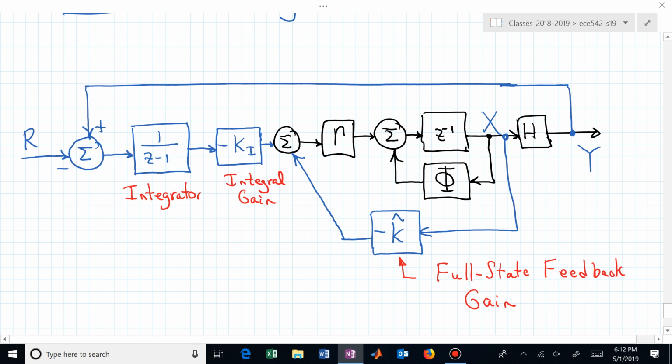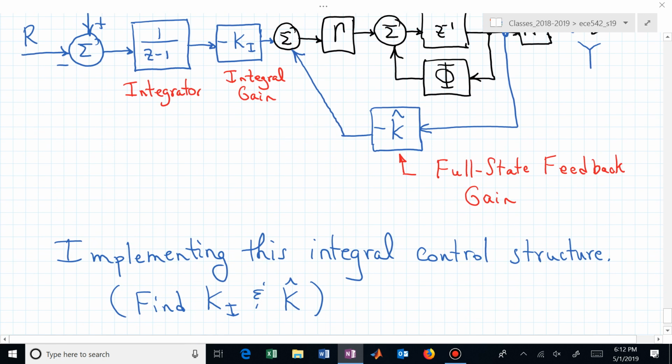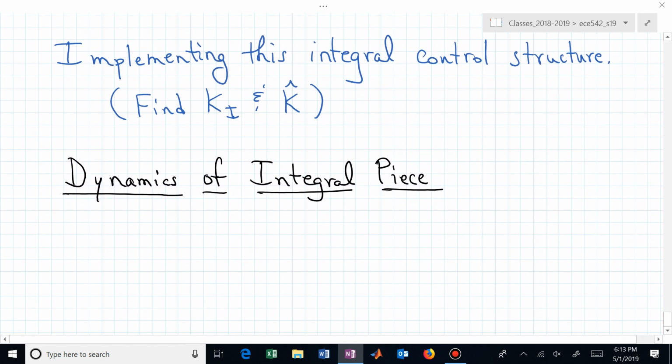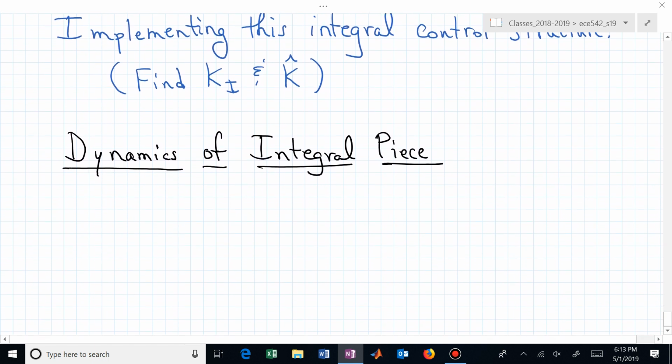What we want to do is try to figure out how can I extend or augment my original dynamics so that I can model this and build an extended state feedback vector that includes the k sub I. Meaning, in order to implement this block diagram, we need to find k sub I and k hat. That's what we want to do now. So, let's look at the dynamics of the integral piece.